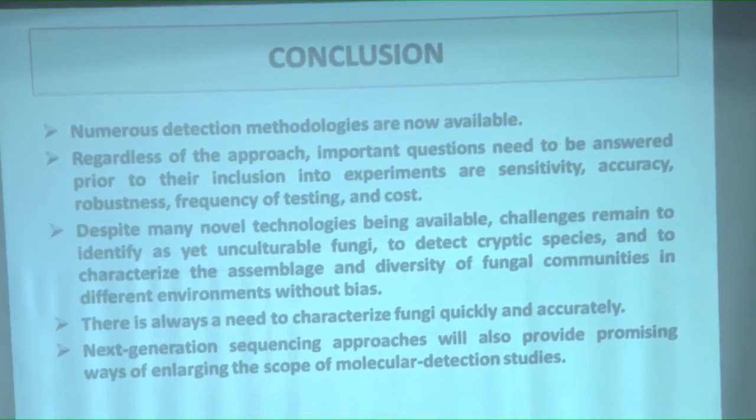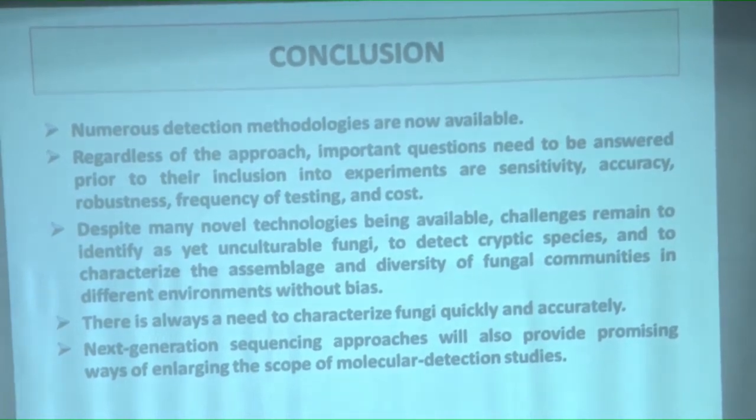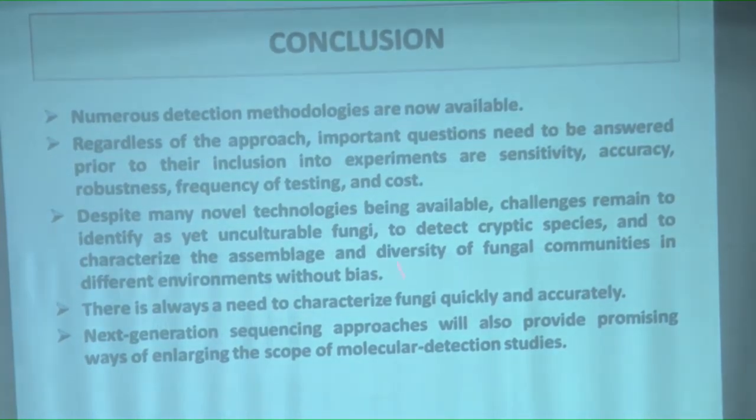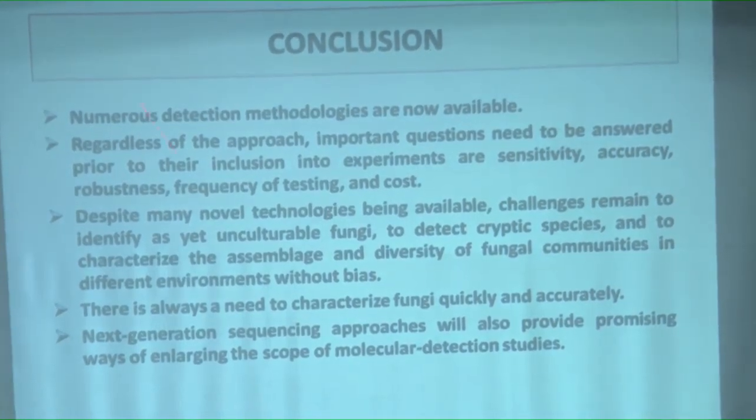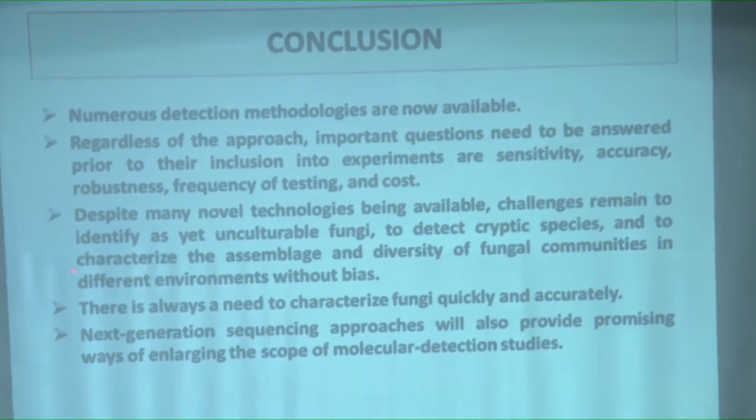All are important, you have to take care of all. Then despite many novel technologies being available, challenges remain to identify unculturable fungi. If it is possible, you have to see and it should be useful in different environmental conditions. There is always a need to characterize fungi quickly and accurately. So that is why markers are needed always.